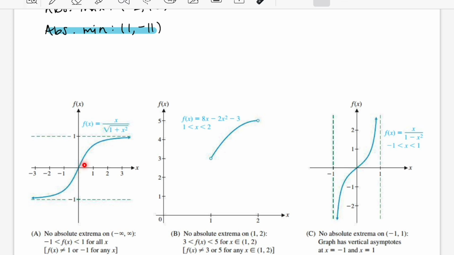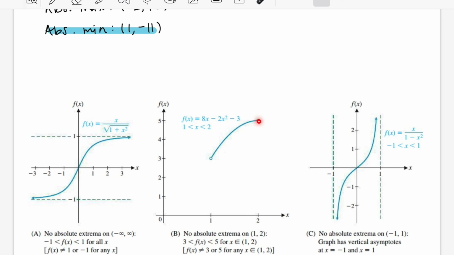So for example, here we know that our domain is -infinity to infinity. So this continues on forever in this direction and this direction, and we can't be sure at any point if there is any absolute extrema. Same for this one here, we don't have a closed interval. And so although our function is not defined at f of 1 here, we could get closer and closer to that value, and we don't know exactly what the smallest one could be.